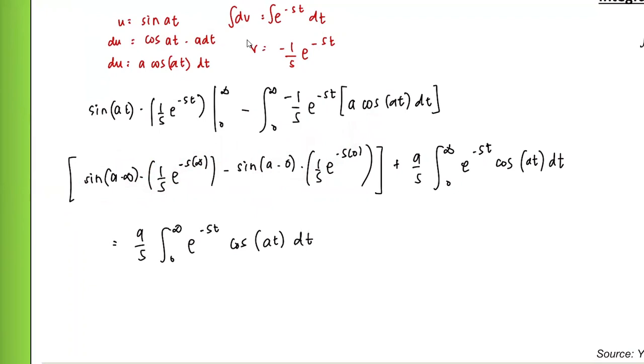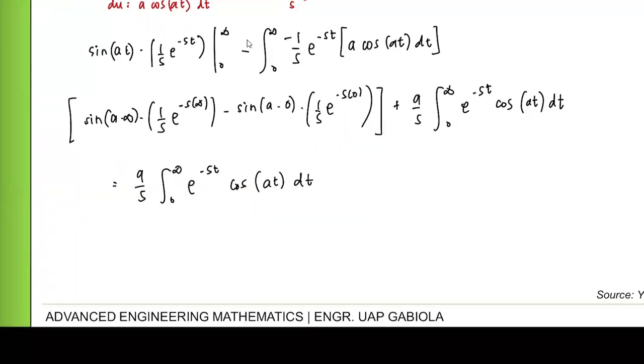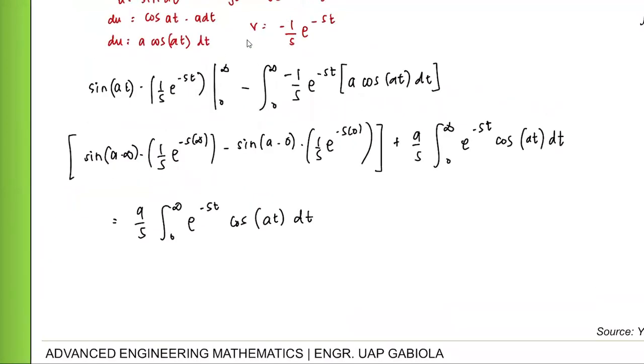Okay? So, since this is a function na hindi pa din siya pwede integrate directly, we perform again another integration by parts. So, let u equals cosine of at. Then we have dv is equals to e^(-st) dt. Okay? We have du.